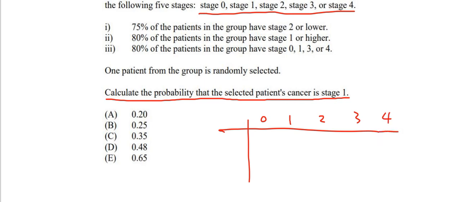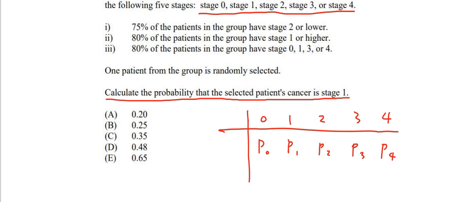We don't know the probability for each stage, so we put P0, P1, P2, P3, P4. So we want to find those 5 numbers, right?